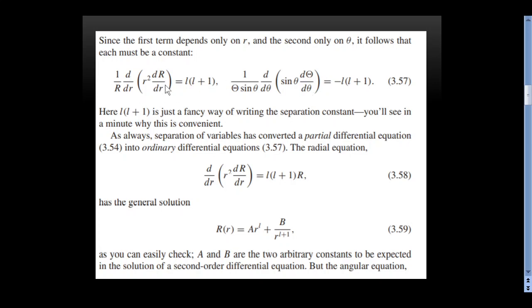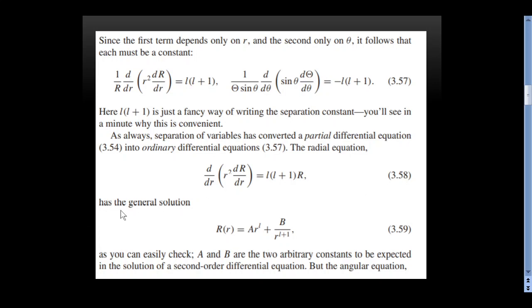Now, how to solve this equation? This is a second order ordinary differential equation, so it can be integrated two times and you can get solutions of this radial equation. So the radial equation, d/dr of r square dR/dr, is equal to L into L plus 1, and this R is multiplied here. So L into L plus 1 into R will be there. That is equation 3.58.